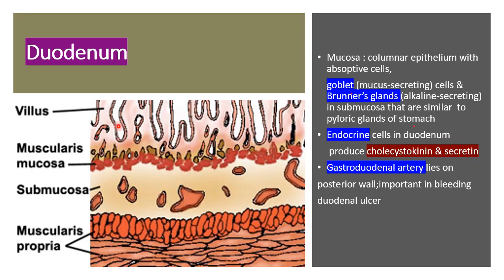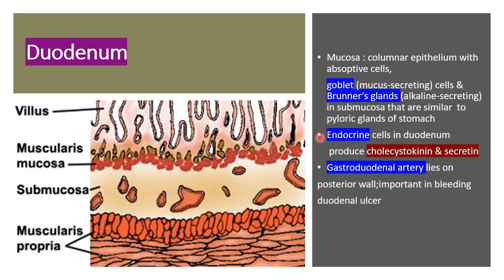This is the histological picture of the duodenum, which consists of numerous villi to increase the surface area for digestion. Then there is the muscularis mucosa, submucosa, and the muscular layer. The cells in the duodenum are goblet cells, which secrete mucus, and Brunner's glands, which secrete alkaline bicarbonate in the submucosa and are similar to the pyloric glands of the stomach.